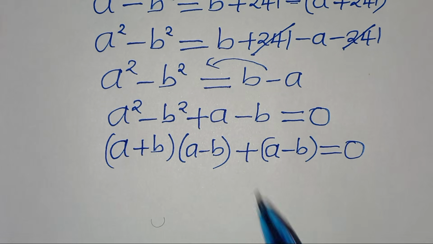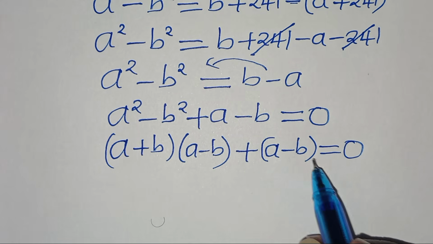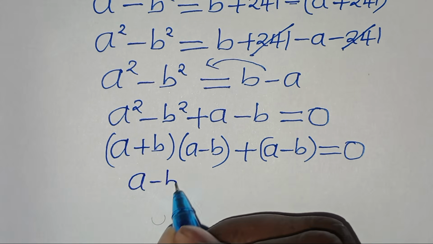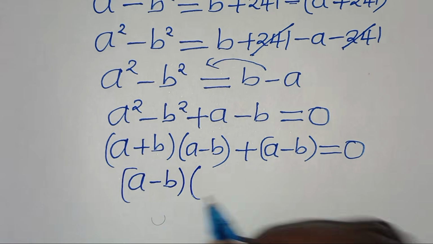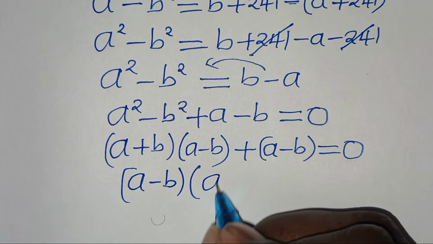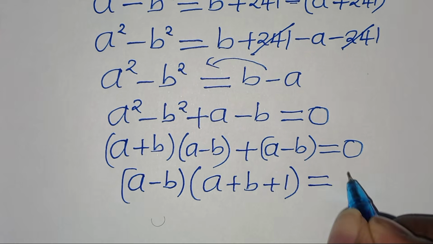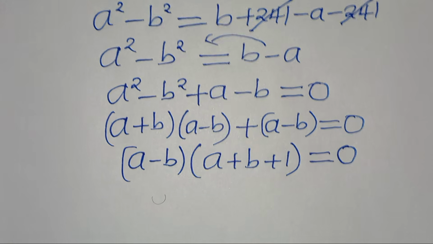Now we have that a minus b is common here, so we can factor out a subtract b. So a minus b into the parentheses, a plus b, then plus 1, close the parentheses, equal to 0.